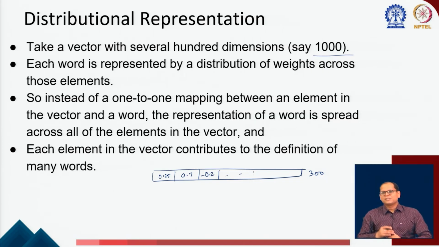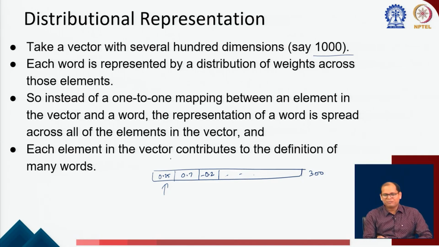And each word is denoted by a distribution of weights across these dimensions. So you don't have a one-to-one mapping of dimension. That's where you lose some interpretability, like what does the dimension mean? You may not know, whereas you knew earlier in one hot and also distributional vectors. So now it's spread.